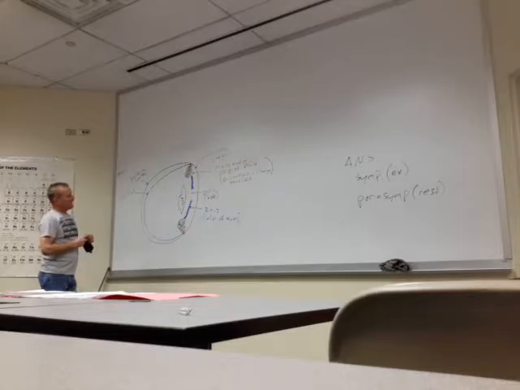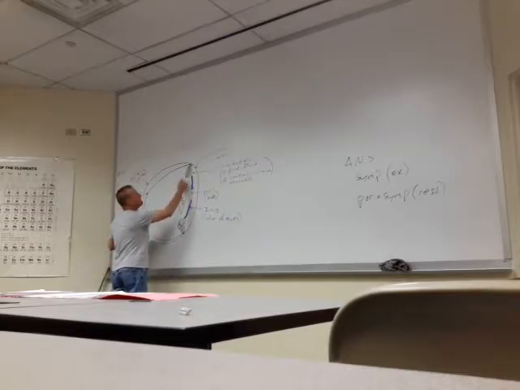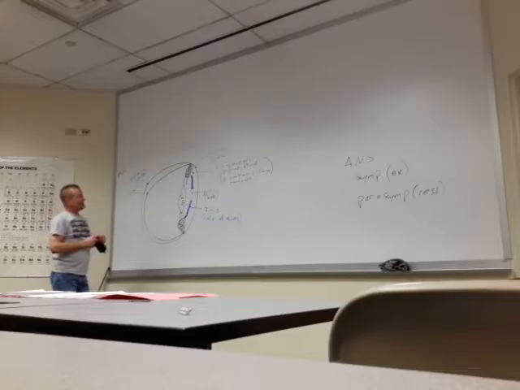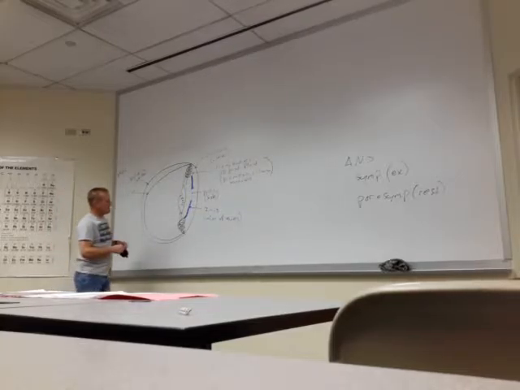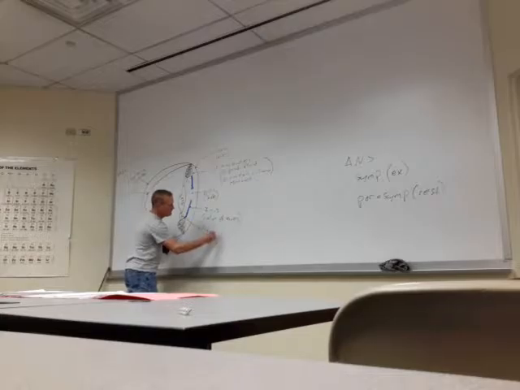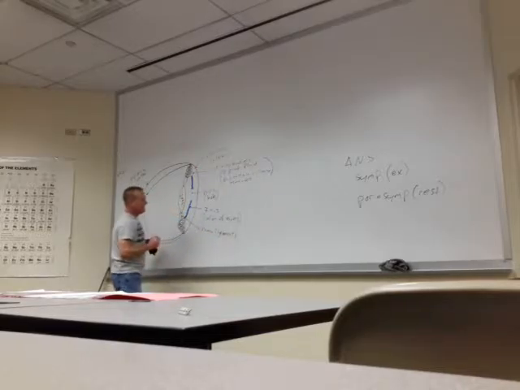That's the lens of your eye. And your lens is anchored to the ciliary bodies by some structures called ciliary ligaments.